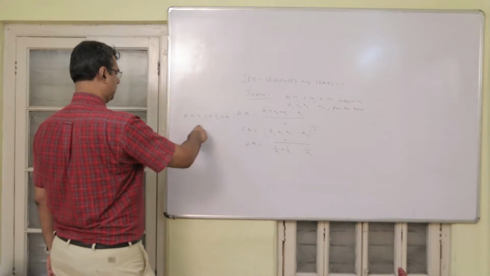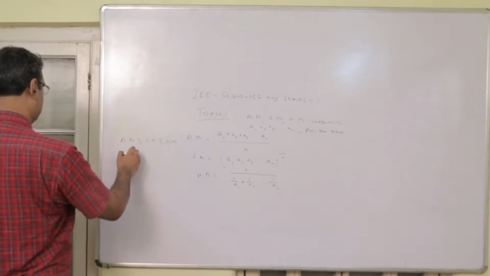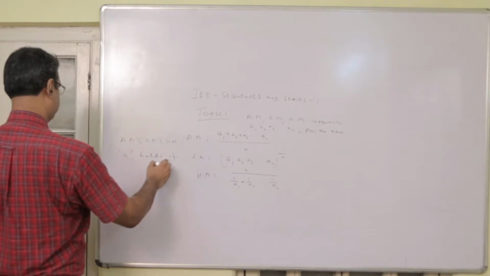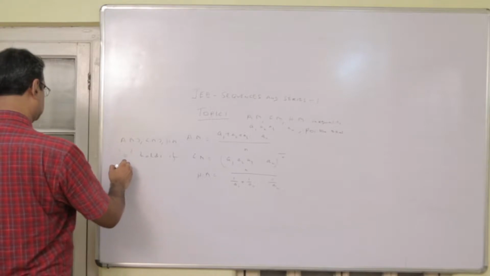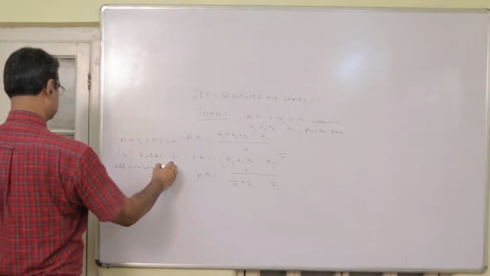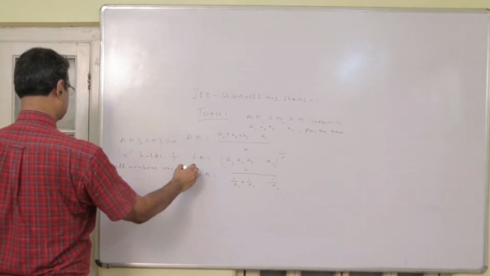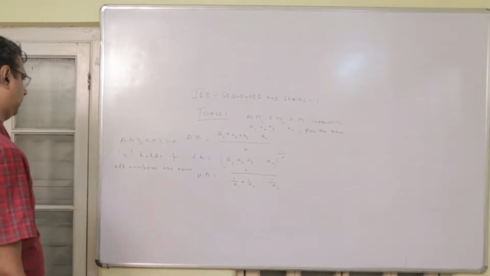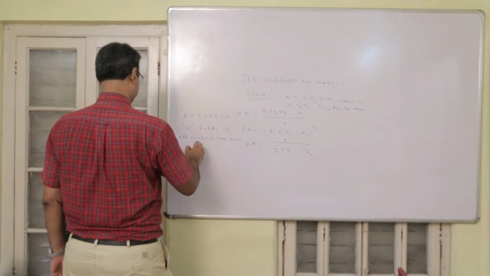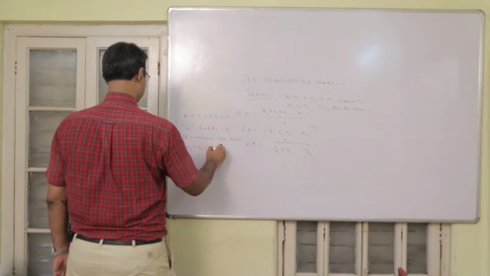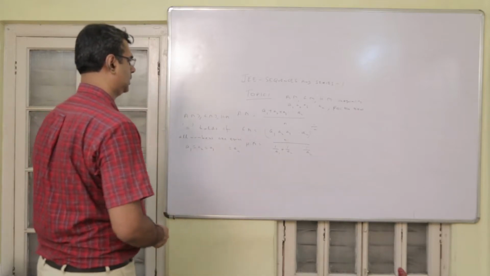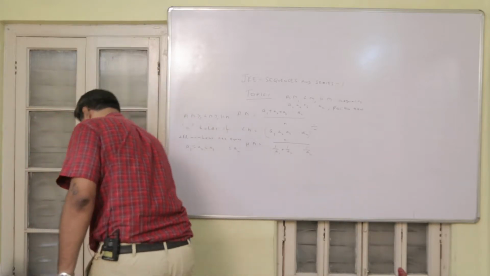In any of these two inequalities, the equality will hold if all the numbers are equal. So in any of these inequalities, the equality will hold if a1, a2, a3 up to an are all equal. So this is the AM-GM-HM inequality.